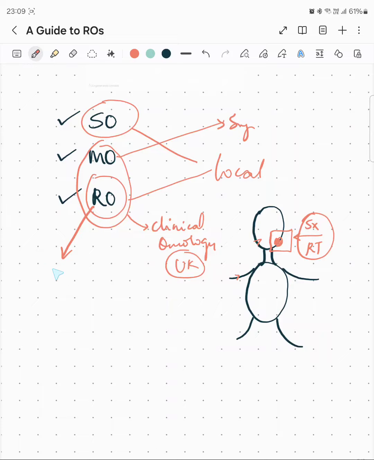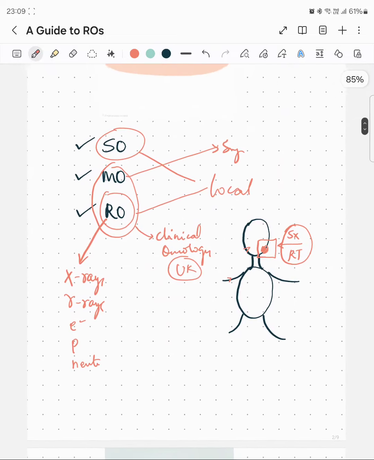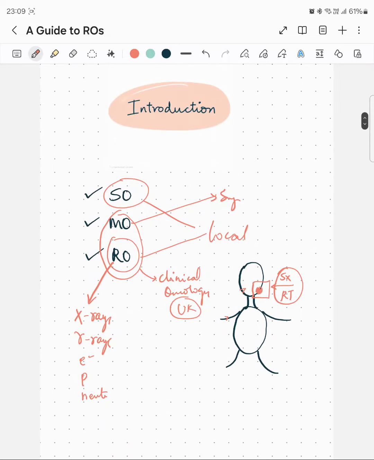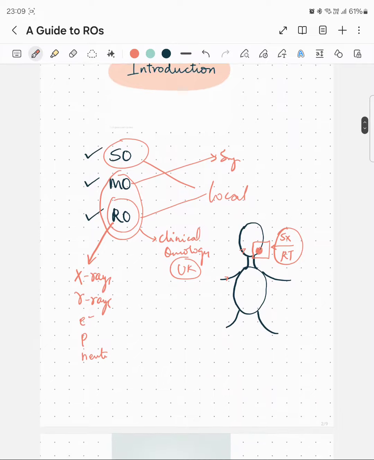The basic radiation modalities that are used are X-rays, gamma rays, electrons, protons, and neutrons. Nowadays there is also carbon ion therapy, heavy ion therapies, which are coming up. So this is just an overview of radiation oncology, just the basics.